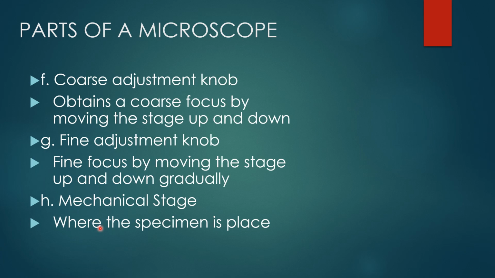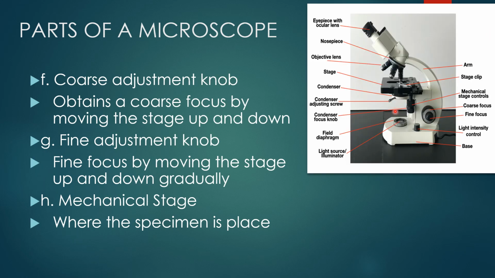And then you have your mechanical stage. That is where the sample is placed. That is where your glass slide is placed. Okay, and so with this, you have here your eyepiece, your body tube, your draw tube, you have the arm, you have your revolving nose piece or your turret, you have your objective lenses, you have your stage, you have your coarse adjustment knob, and then fine adjustment knob.